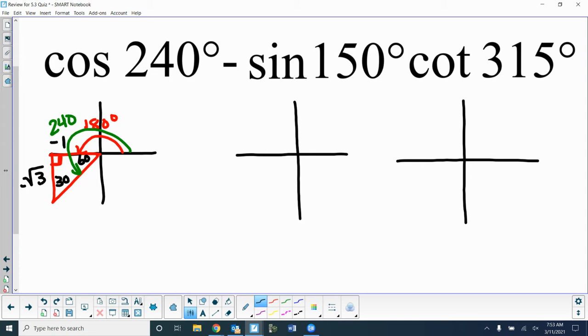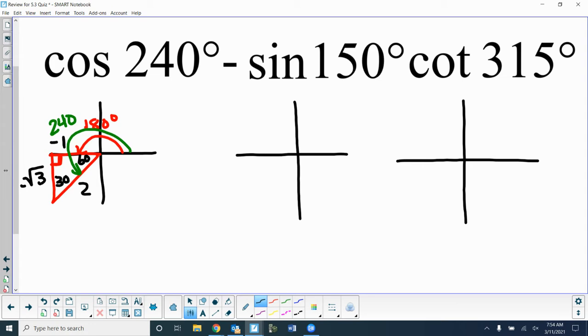The hypotenuse is always 2 for a 30-60-90, and it's always positive. That never changes from positive. The two legs of the right triangle can be negative or positive, but my hypotenuse will always be positive. So that's the picture that goes with that one.